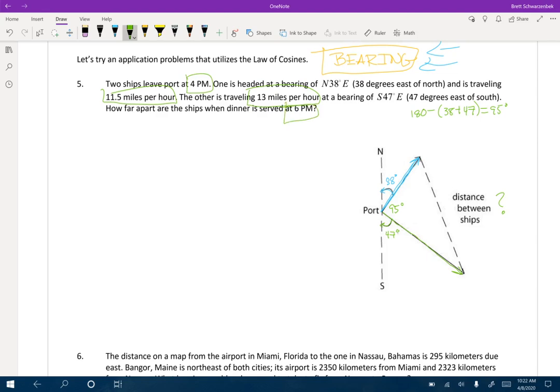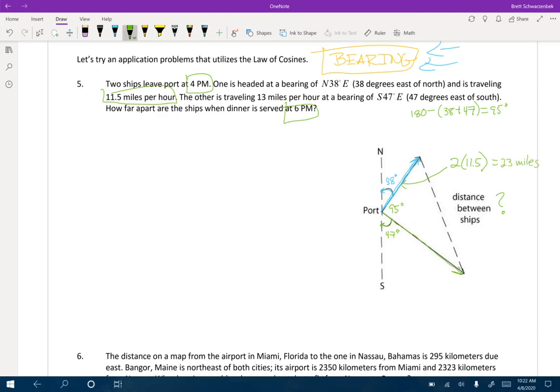Well, if you look at the scenario, it's traveled for 2 hours when they're asking you to make the measurement, which means we should be able to find the length of this side by doing 2 times 11.5. So again, there's 11.5 per hour, so we need to find how many are per 2 hours. We multiply 2 times 11.5 and we get 23 miles for that side.